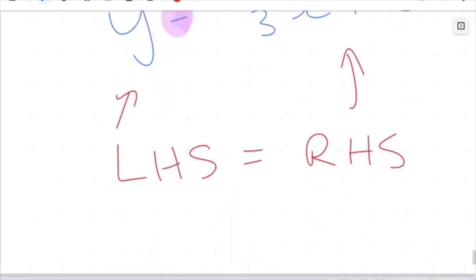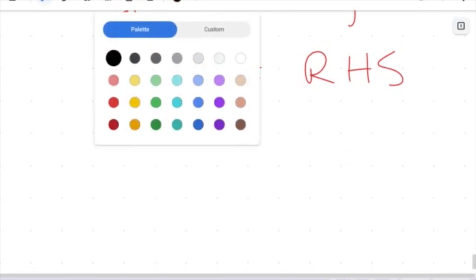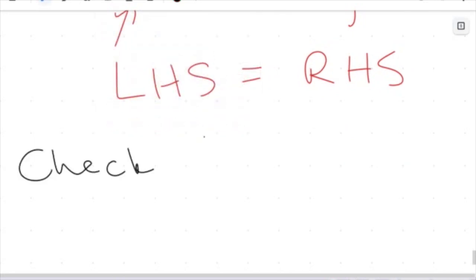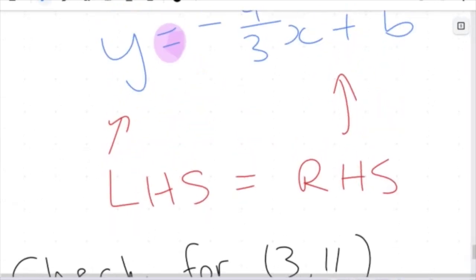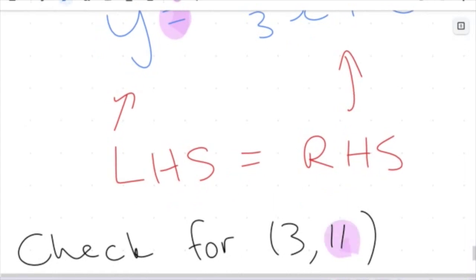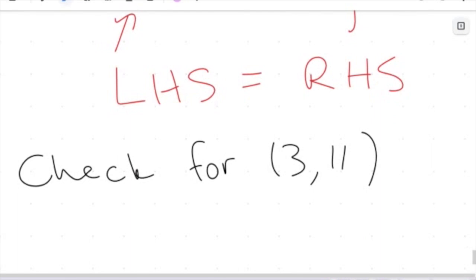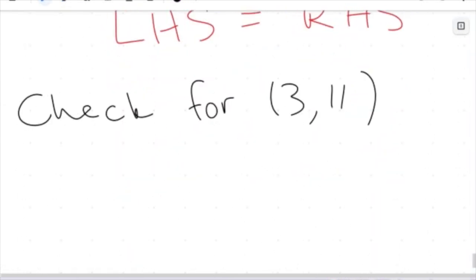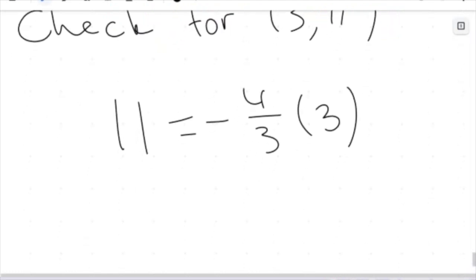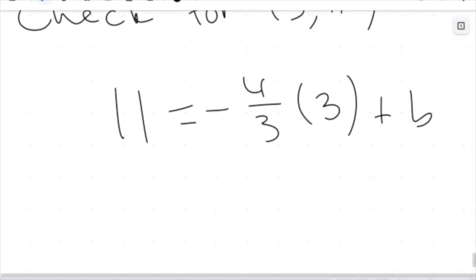Now let's try this for both points. So what we're going to do here is we're going to check for 3 and 11. Okay, so I'm going to substitute my 11 in for the y and my 3 for the x. So my y here is 11 equals negative 4 on 3 multiplied by my x, which is 3 here, plus b. So I still get 11 here.